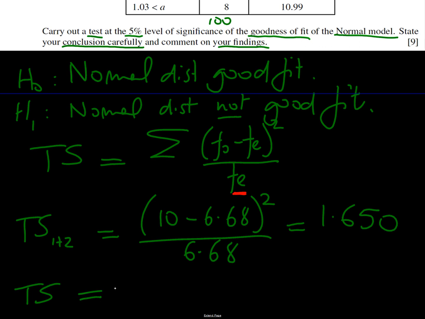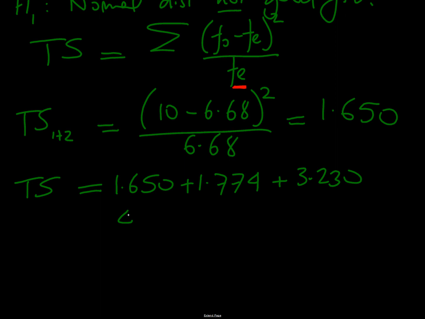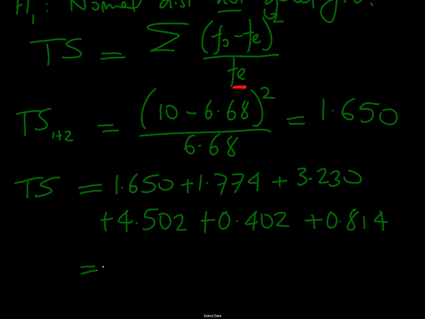So we could find each of the values here using the method we've just used, and we'd have 1.650, 1.774 for the second group, 3.230 plus 4.502 plus 0.402 plus 0.814.